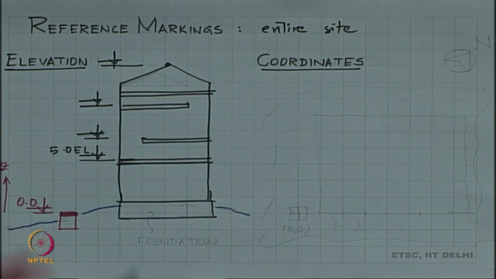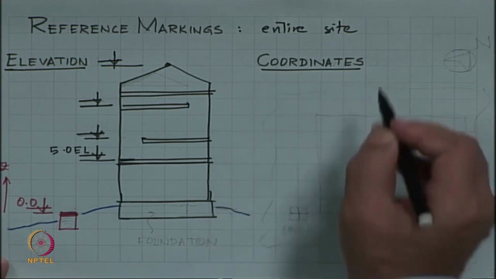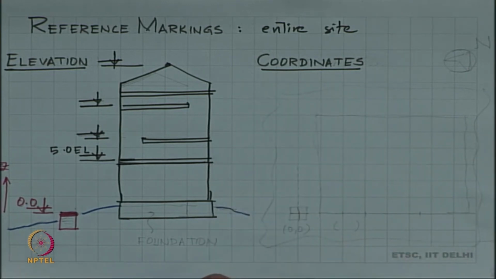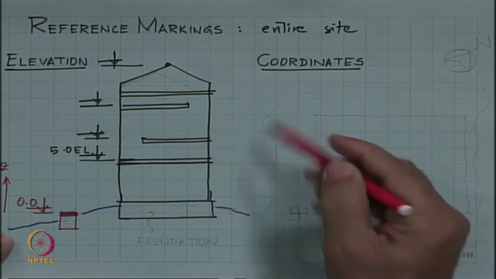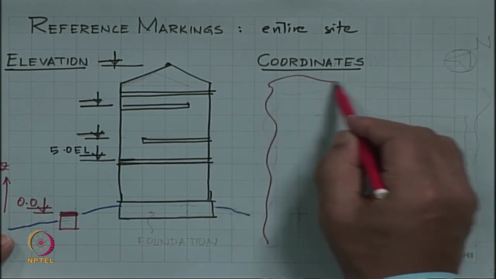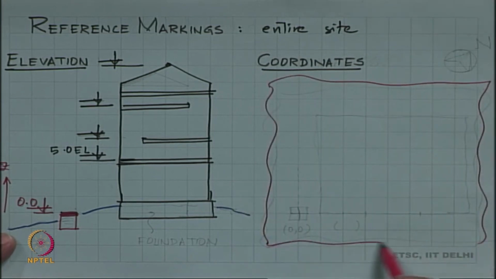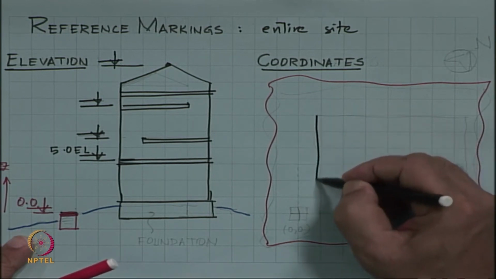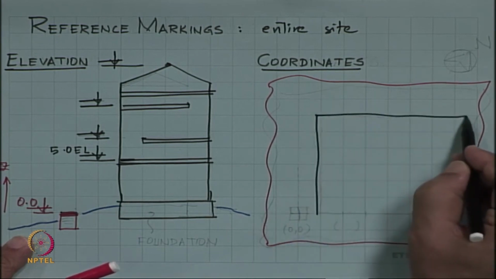Now, the site is spread on the ground. So, we now have to have two more coordinate axes, which is what we are going to see here, and for this what we have shown here is that the overall site is say like that, and within that the site that we are working with, the construction there is over here.